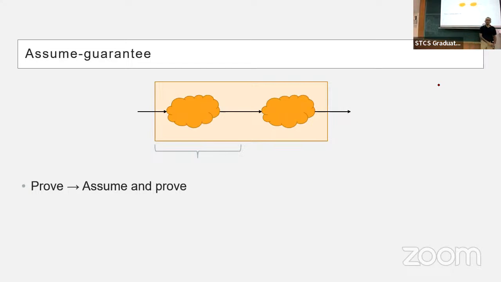So instead of checking the final output, as a first step I check something in between, then I assume this, and then I prove this. But finding this itself can be pretty hard. Yes, this is very hard.